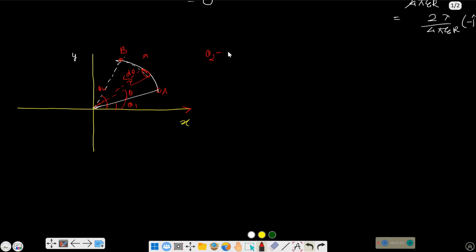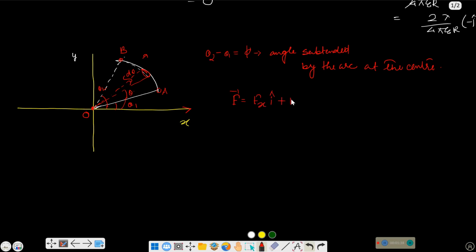So if theta 2 minus theta 1 is phi, that means the angle subtended by the arc at the center, okay. This is our field point, and if we write the net electric field at O, we'll have E as Ex i cap plus Ey j cap in vector form.